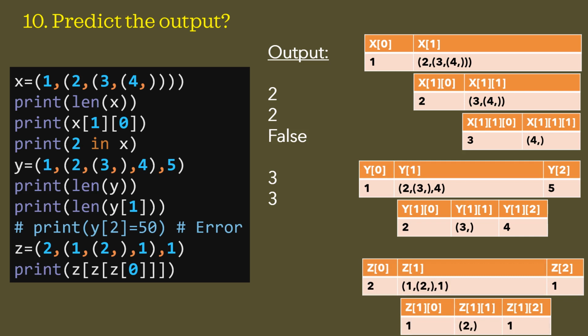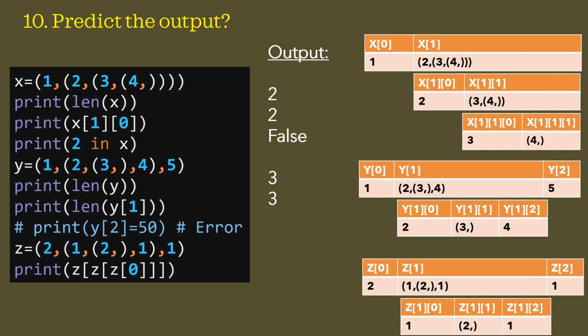Now the next tuple is z, which is also like this, that means the inner tuples are there in this tuple. So how many elements are there in this tuple z? There are actually 3 elements. The first element is 2 and the second element is another inner tuple. You can say z of 1 is having the values 1, 2, 1 like this.